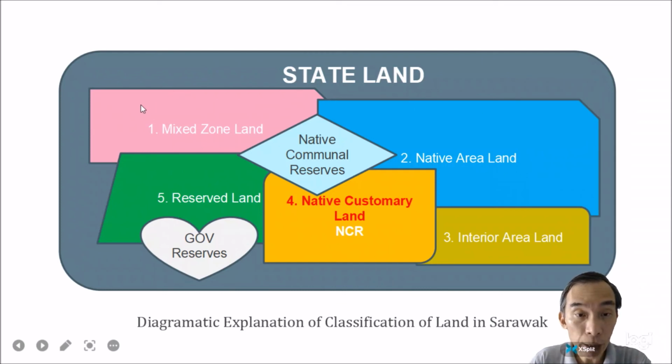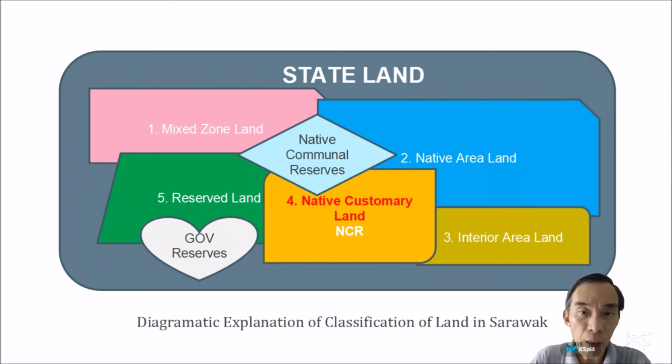But in West Malaysia, this type of classification becomes a bit different, because the native area land and interior area land are actually Malay reserve land. So this restriction of interest includes all these Malay reserve lands. Mining land will be under the category of mining land.